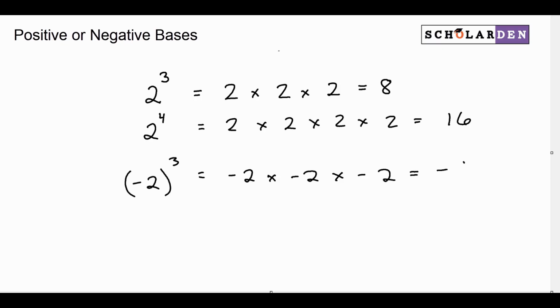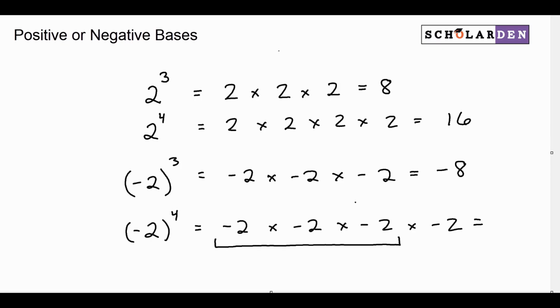So we actually get a negative this time. What about negative 2 to the fourth power? Well, now it's negative 2 times negative 2 times negative 2 times negative 2. We already know this part gives us negative 8. Negative 8 times negative 2 is positive 16.